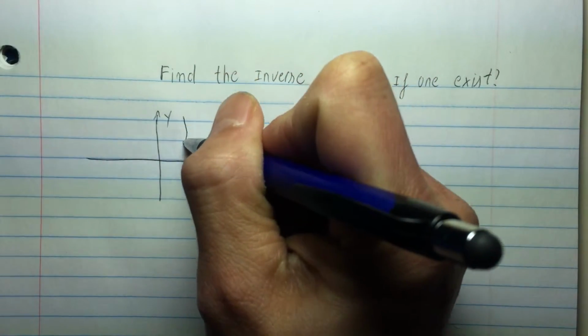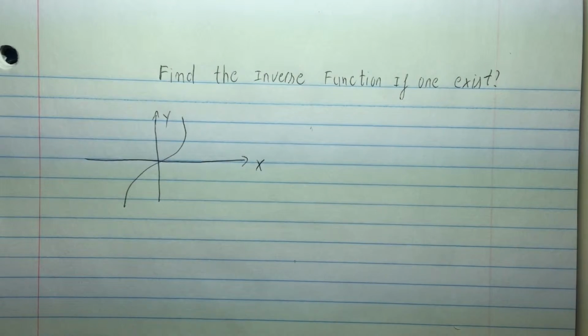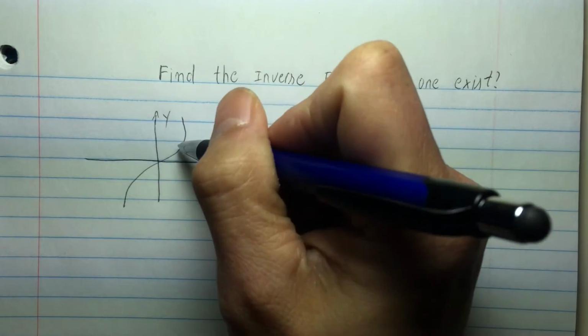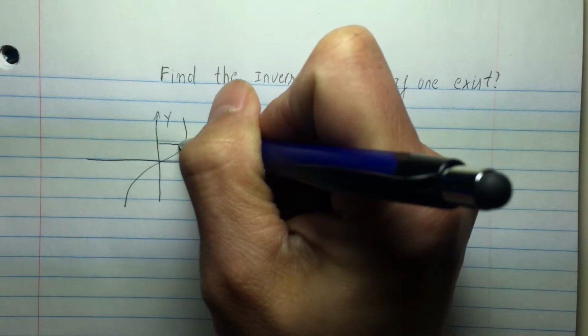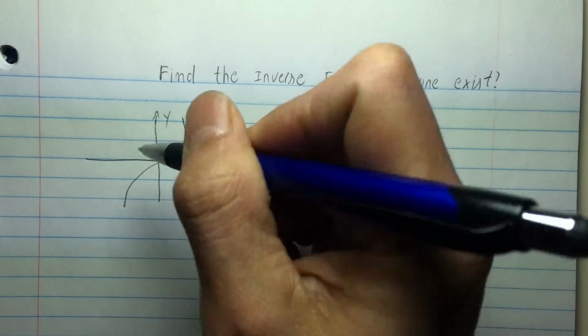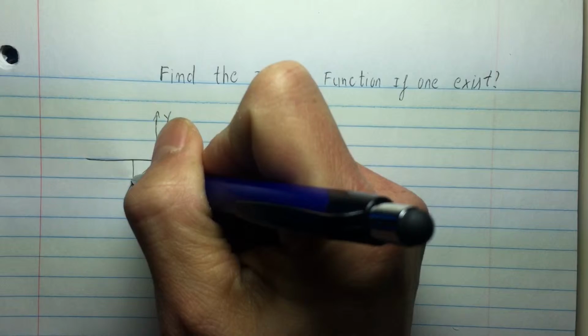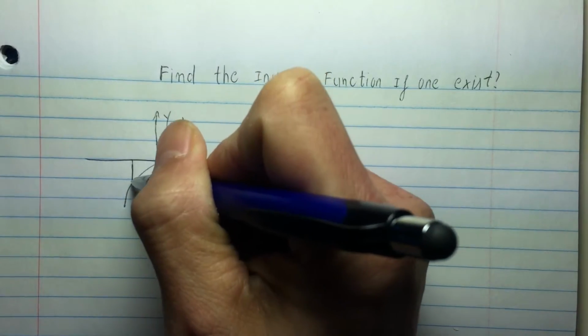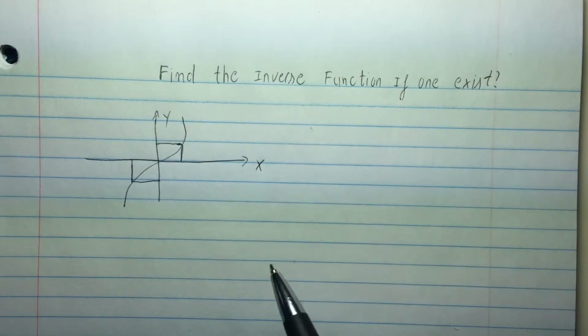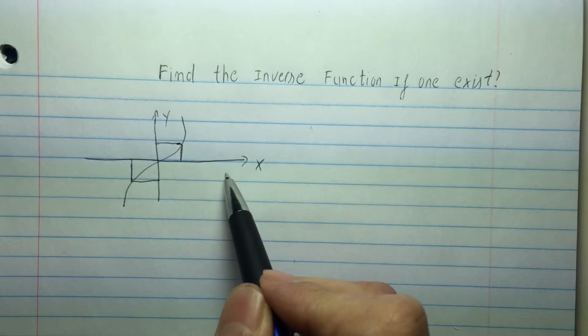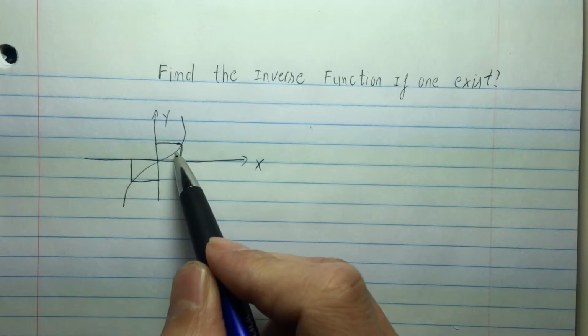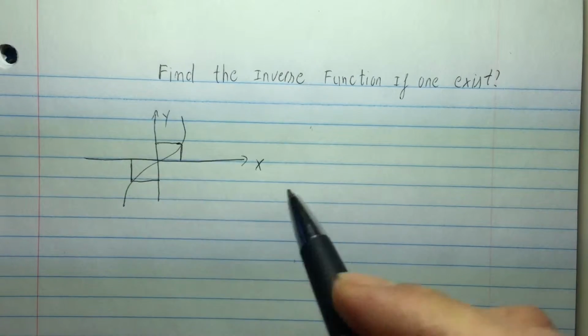This is the graph. If we have one value of x, you have only one value of y, one value of x, one value of y. So this function will have an inverse function because it is one-to-one.